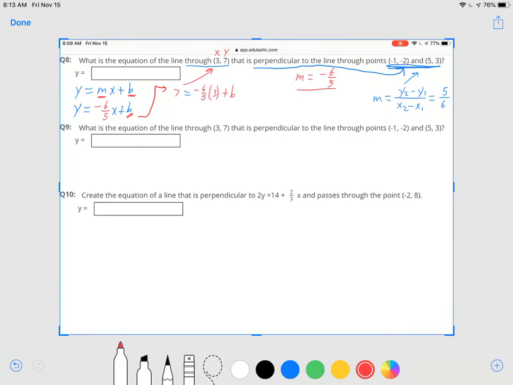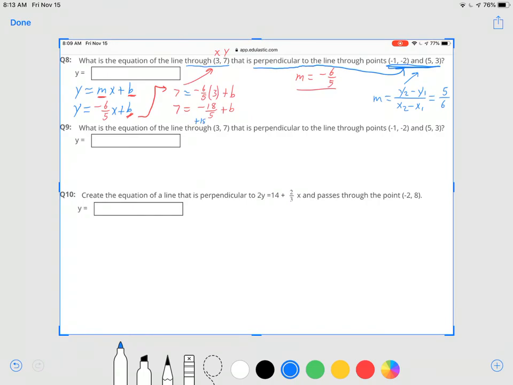Okay, so we have to be able to calculate -6/5 times 3. Unfortunately, that is not very nice. It's -18/5 plus b.